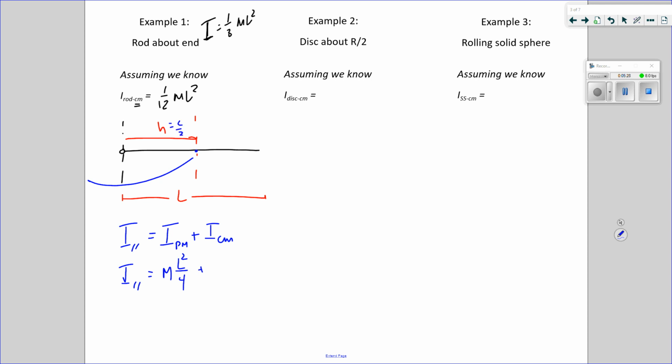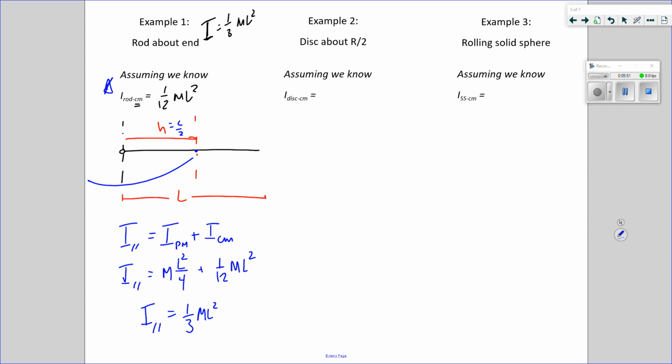Then plus, again assuming that we already know that the rod about its own center is 1/12 ml squared. So that's 3/12 ml squared plus 1/12, that's 4/12 ml squared. And I parallel is 1/3 ml squared.